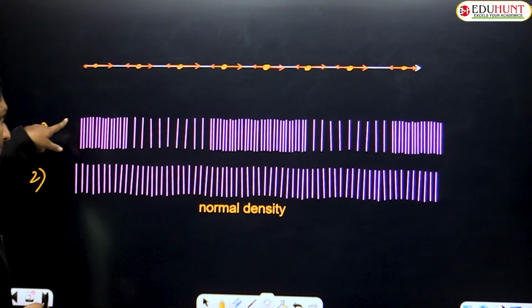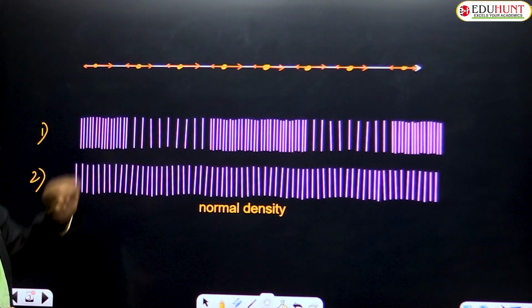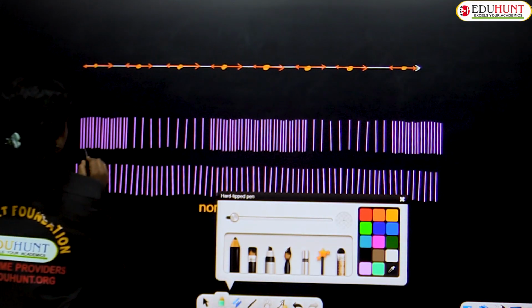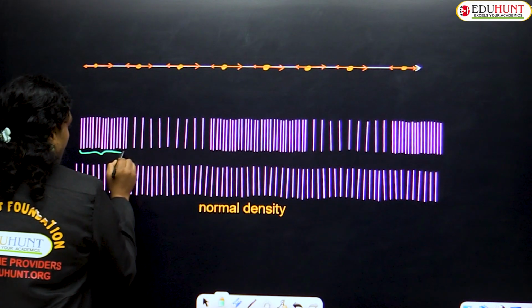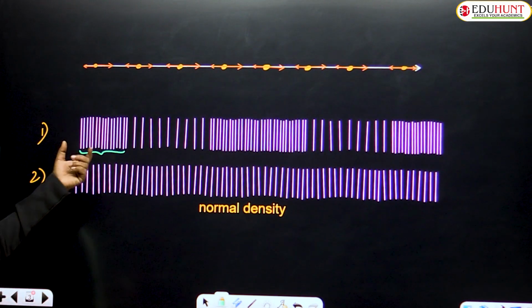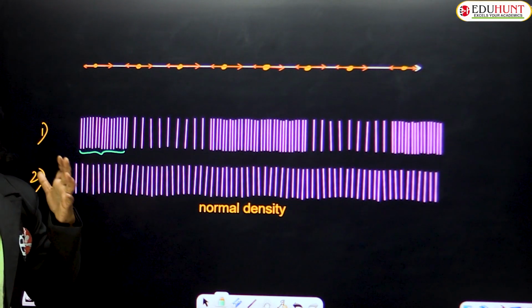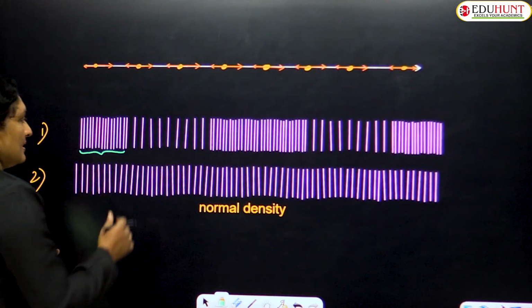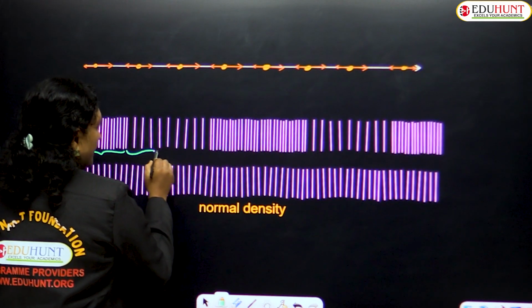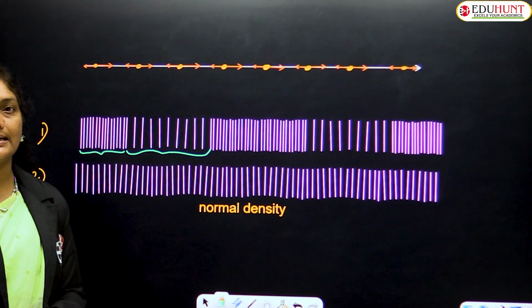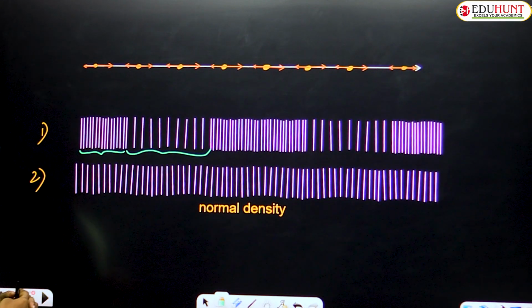But if you compare to the first structure, from here to here, more number of particles are concentrated. That means more number of particles, more denser. So large density, denser particles. Whereas from here to here, less number of particles are concentrated. So what does it mean, children?